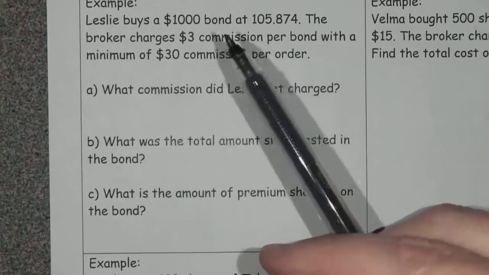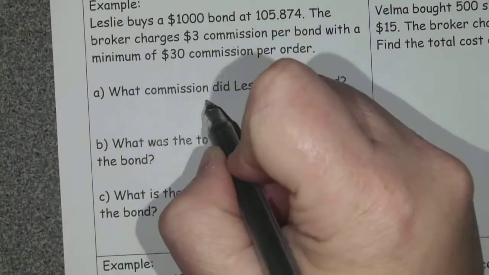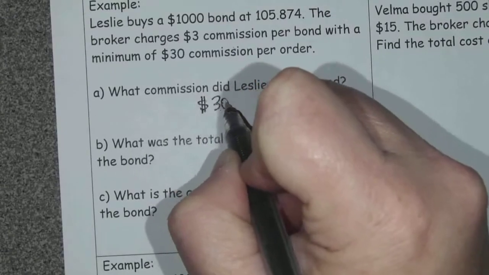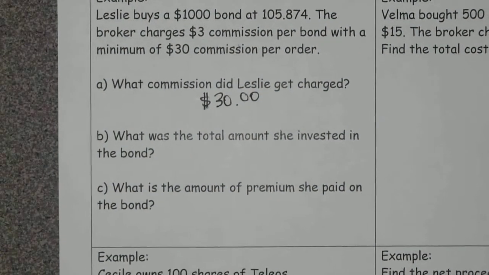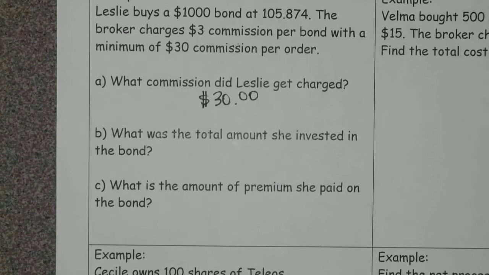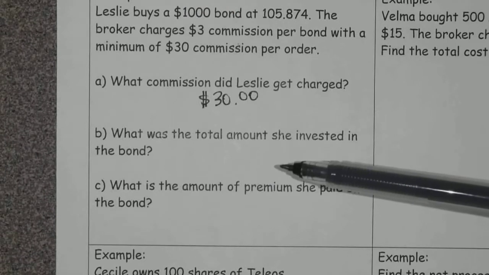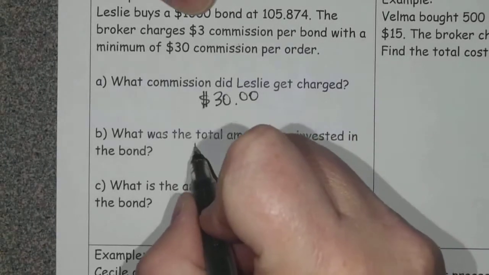So it says, what commission did Leslie get charged? Well, she got charged that minimum of $30. That's unfortunate, $27 more than she should have paid for commission, but that's what she gets charged. B says, what was the total amount she invested in the bond? Well, how are we going to figure that out?